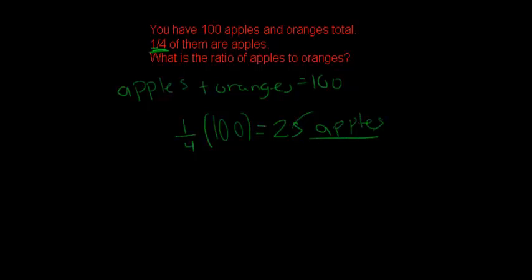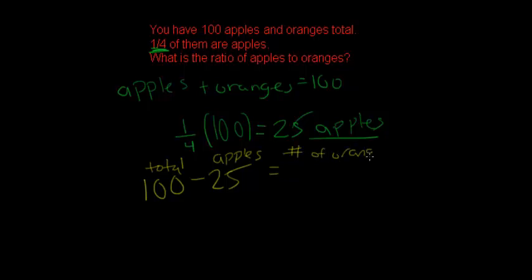Okay, now since you know the number of apples, you can find the number of oranges. So since you have 100, you should just take 100 minus 25, or the total minus the number of apples, to equal your number of oranges.